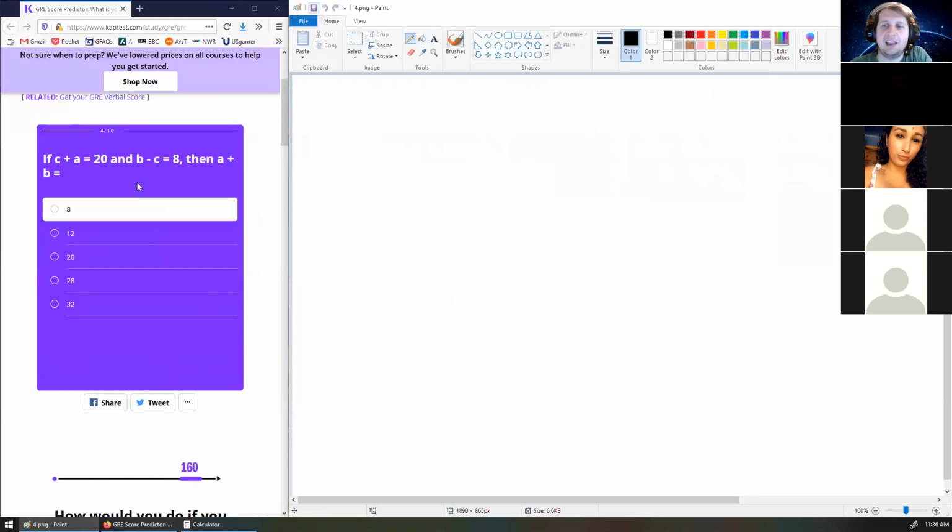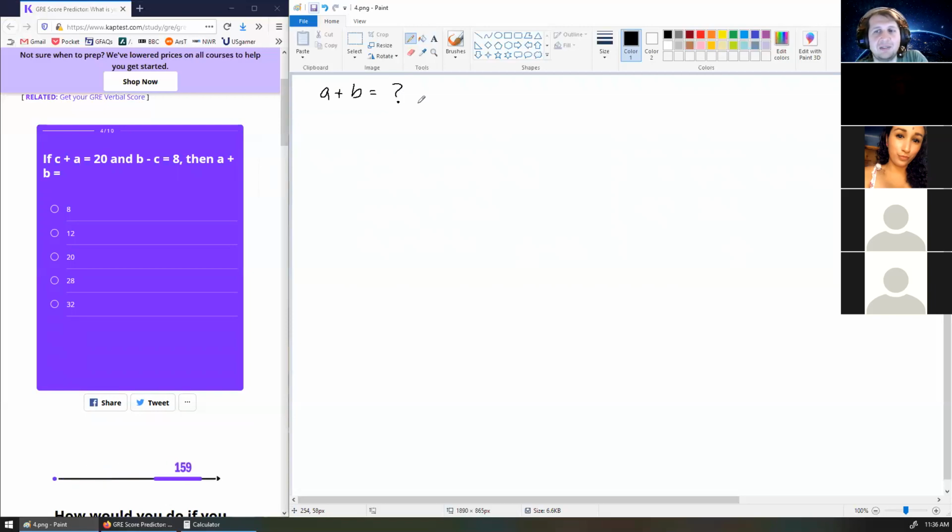If C plus A equals 20 and B minus C equals 8, then A plus B equals what? Okay, so this is nice in that the question is easy to determine. The question is A plus B equals what, right?